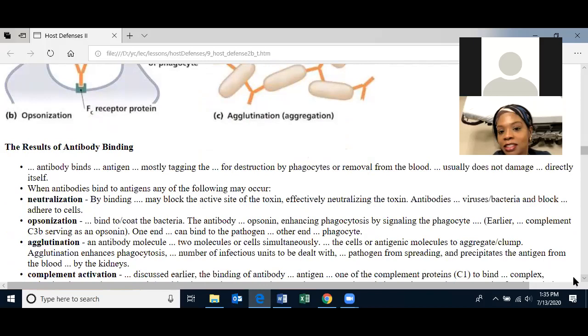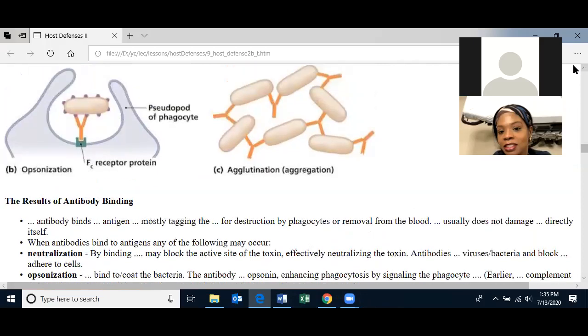An antibody binding to a pathogen can also serve as opsonization. Remember we talked about that in our last session, that an antibody can bind to a pathogen and then flag the pathogen for the phagocyte to phagocytize this complex.